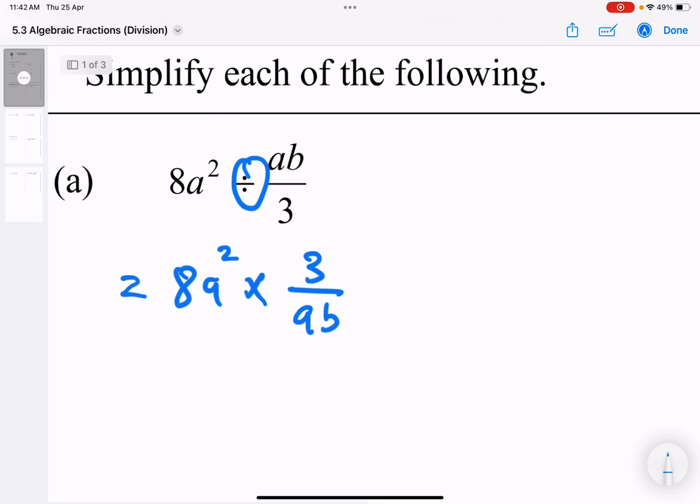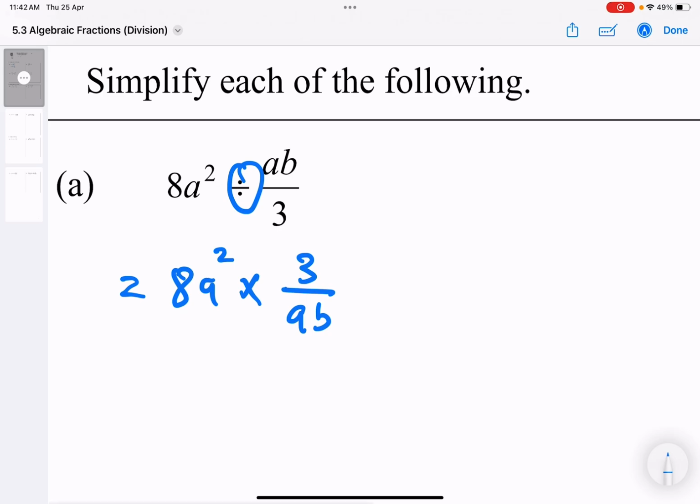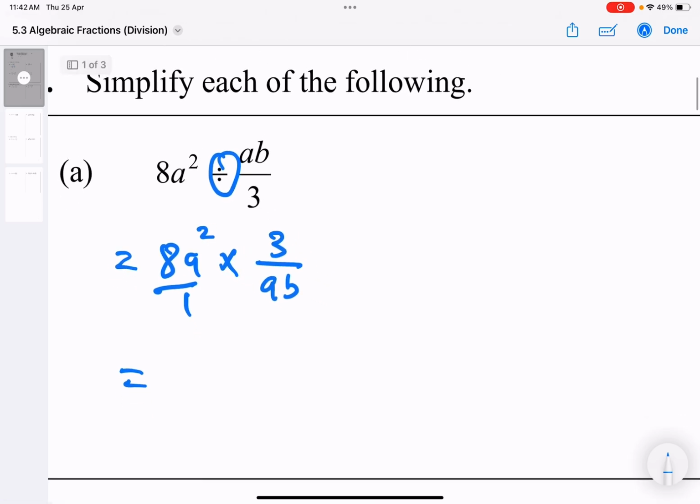Once you flip it, this becomes the problem that you already know how to do. You guys just took the exam, you should know. Here, I see numbers, I don't see any plus or minus, which means I can straight away cancel. But I can use my calculator to simplify the numbers. 8 times 3 gives me 24.